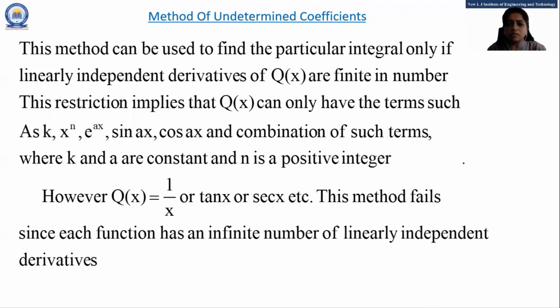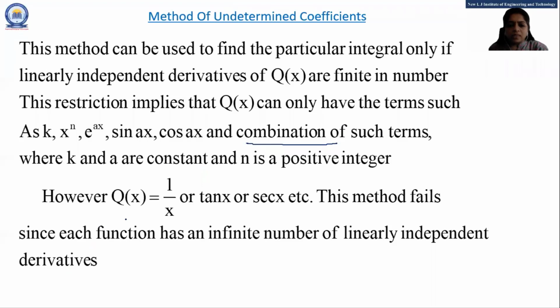Students, this line is the most important line for when you can apply this method: when the right hand side of the given differential equation is a constant term, an exponential term, a trigonometric term of sine or cos, or a combination of those terms, right? Then and only then you can apply this method.